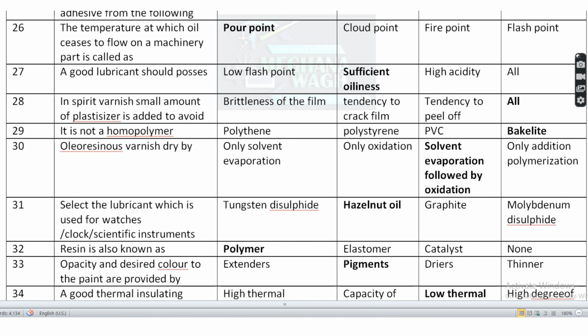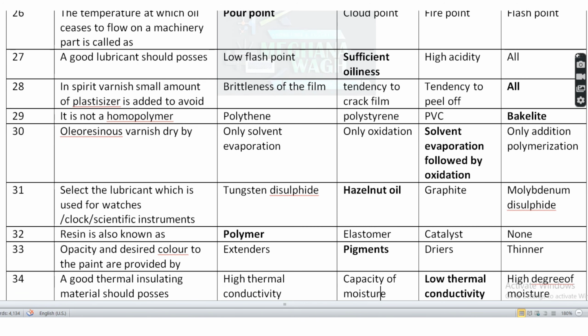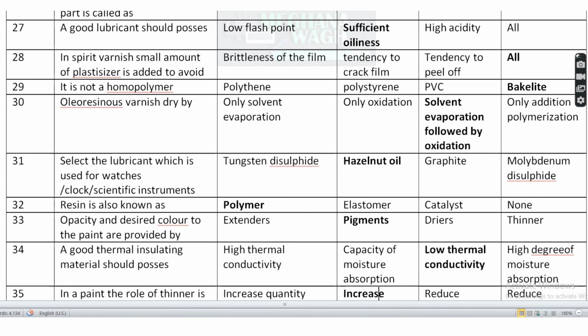Then question number 28: in spirit varnish, a small amount of plasticizer is added to avoid what? In spirit varnish, a small amount of plasticizer is added to avoid brittleness of film, tendency to crack the film, tendency to peel off. All. Which is not a homopolymer?